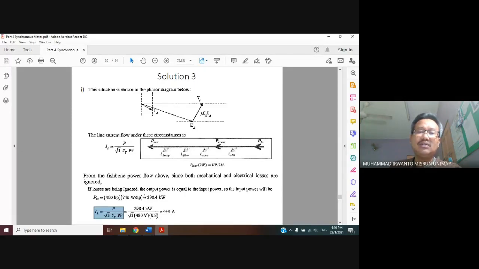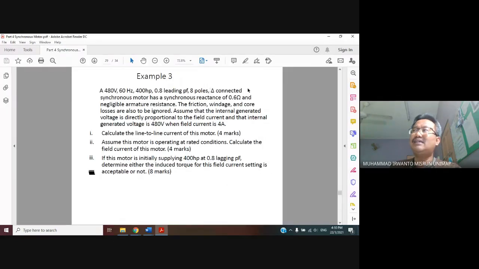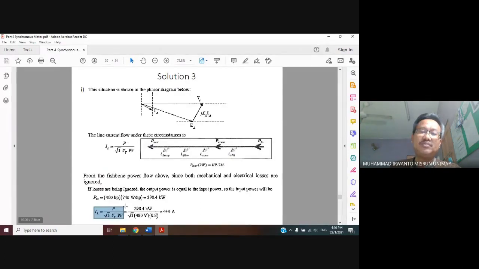Now, input power is given here, 298.4 kilowatt, divided by square root of 3 times the terminal voltage. Remember this one is delta, meaning the terminal voltage is equal to the phase voltage. And remember, if you use this formulation, the voltage here is the terminal voltage or line voltage.